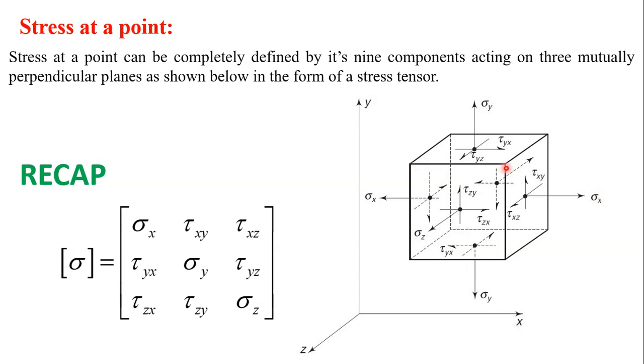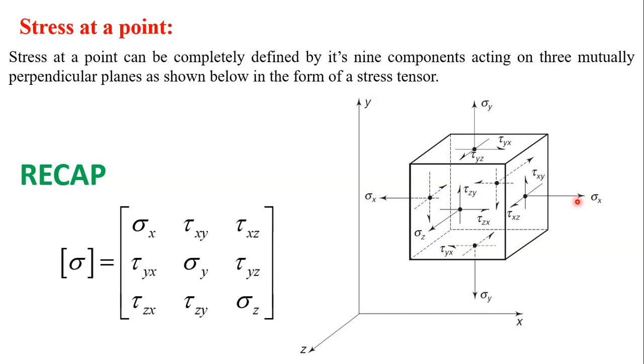Similarly, this plane is called the z plane because if you draw a normal to this plane it will be parallel to the z-axis, and hence this is the y plane. Similarly, this is also an x plane. This is one more y plane on the bottom side, and on the rear side this is the z plane. So these are the different planes.